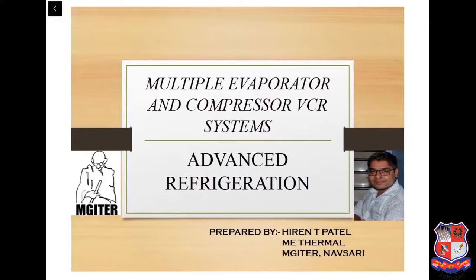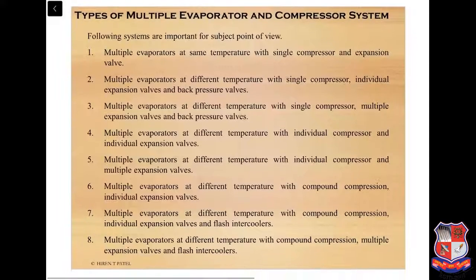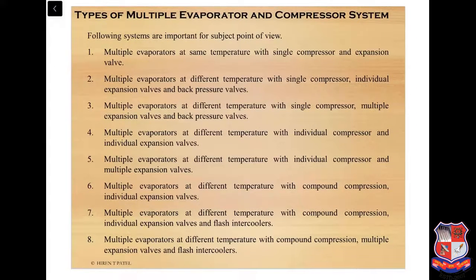So when there is a requirement of storing different products at different temperatures, multiple evaporator and compressor systems are good for that, and they give satisfactory control conditions. There are different kinds of multiple evaporator and compressor systems that are listed over here.